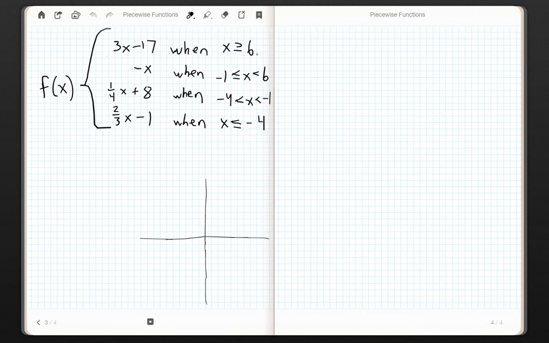is first let's draw in our guidelines and see if that helps. The guidelines are just where the ranges start for the lines. So we're going to have one at x equals 6. Another one at x equals negative 1.